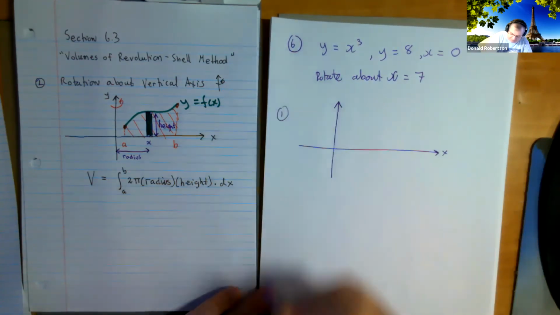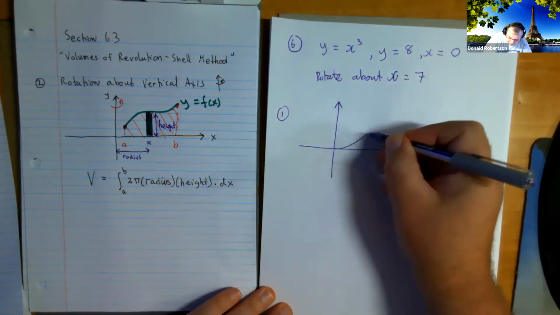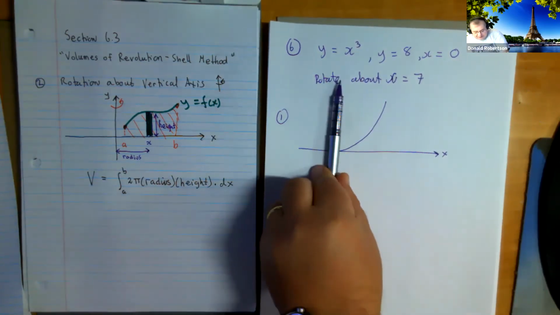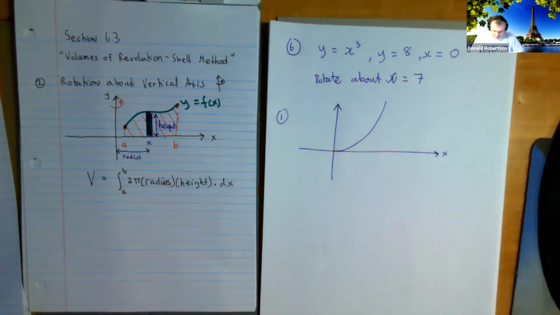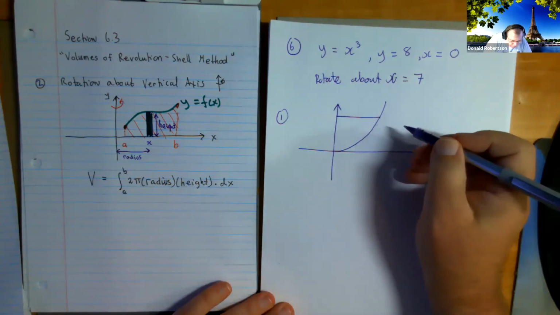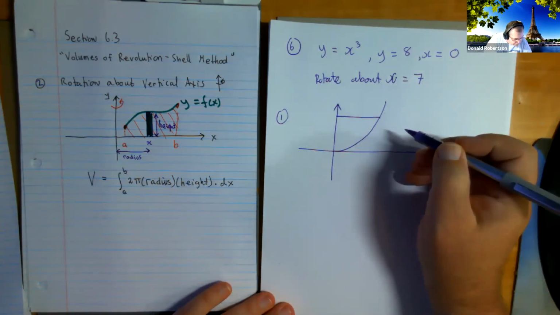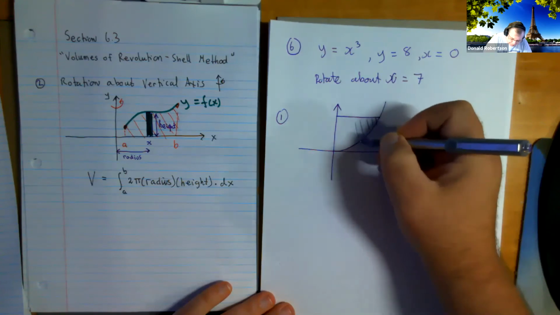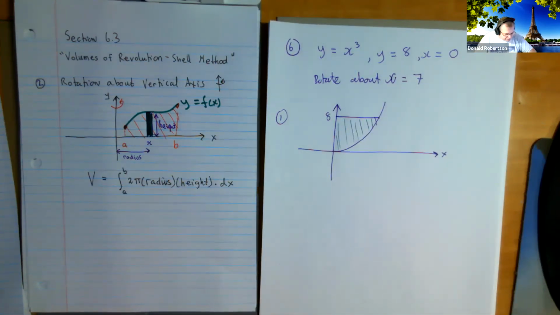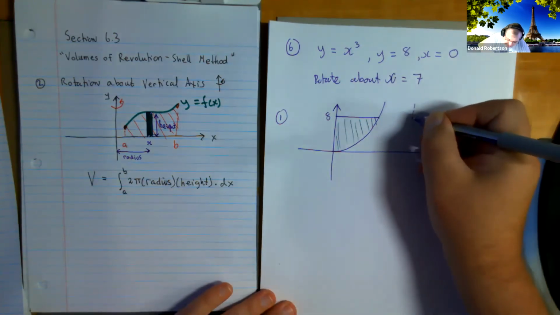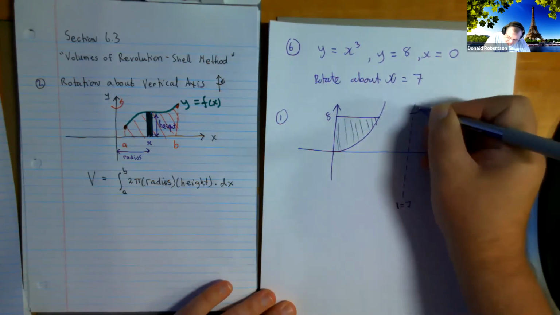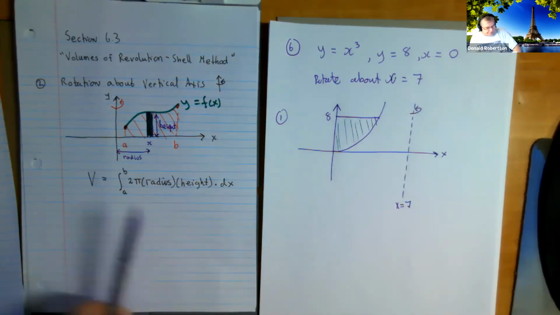Here's step 1. Y equals x cubed looks something like that. X equals 0 is the y-axis. Y equals 8 is a line that goes here. We are going to rotate this thing about a line called x equals 7.